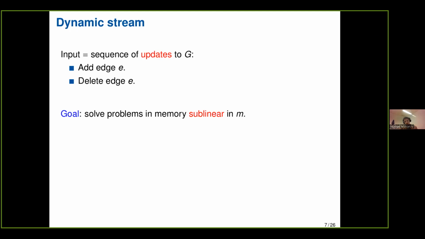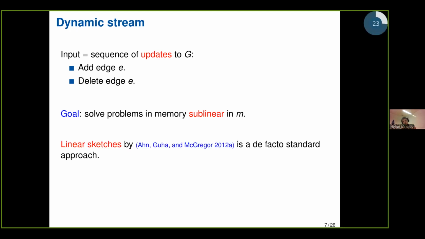And the goal in dynamic streams is usually to solve some problem using memory sublinear in the number of edges in the graph, because otherwise one can just trivially store the whole graph in the memory and solve the problem after the stream. De facto, a standard approach in this setting is to use linear sketches, and it was first used in this manner by Ahn, Guha, and McGregor.